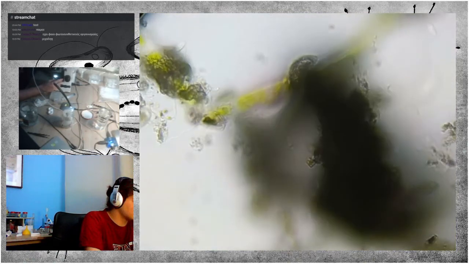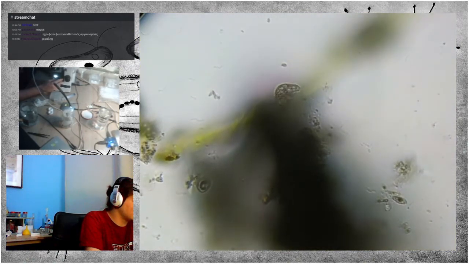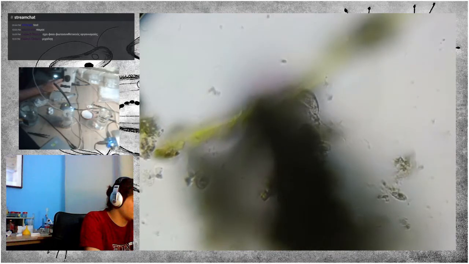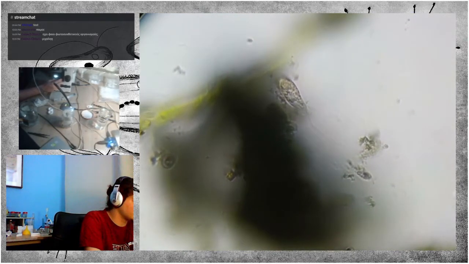Here it is again. You can see it moving a bit sideways due to the flagellum. The flagellum is obviously in the front because they get dragged.